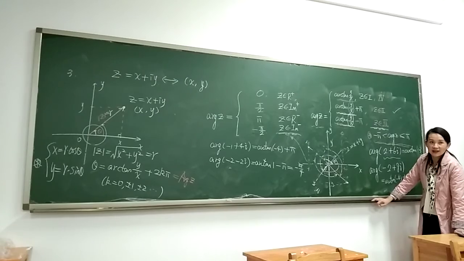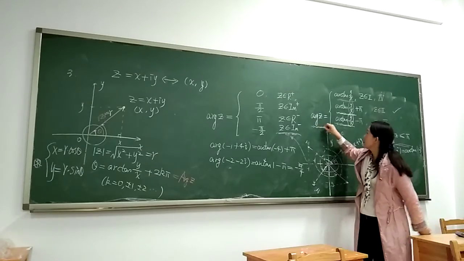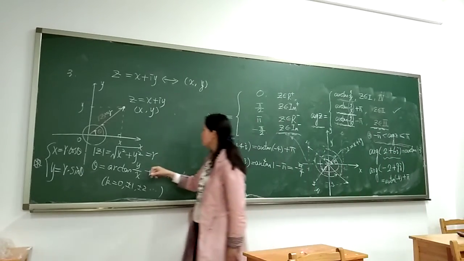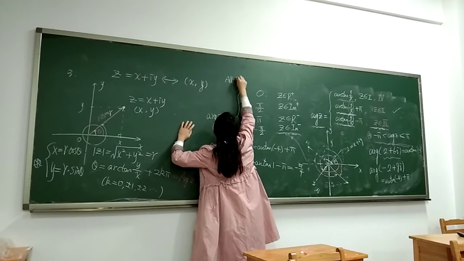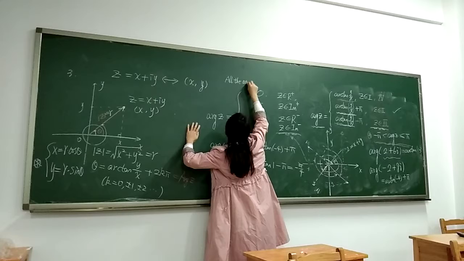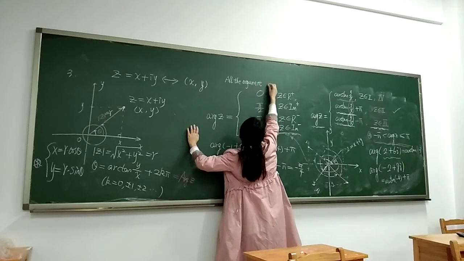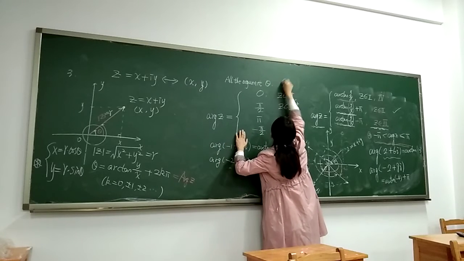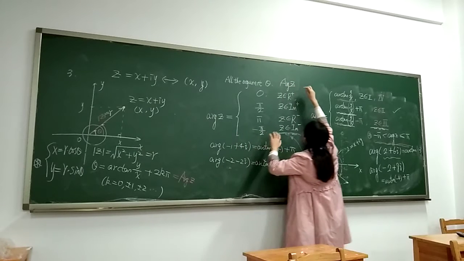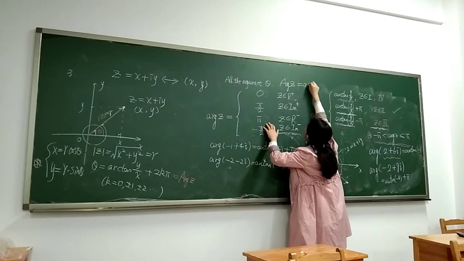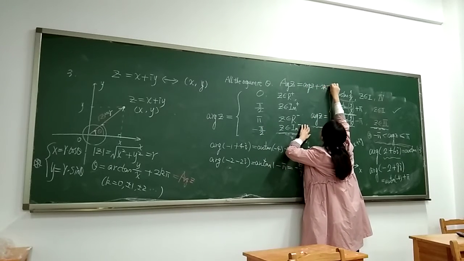Continue. Okay. If you know how to compute this one, you can compute all the arguments. All the arguments theta, we denote big A. So this big A equals this small a plus 2k pi.